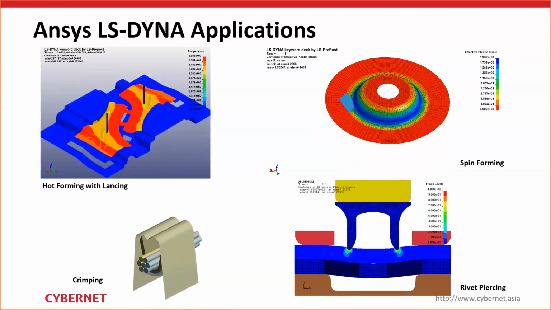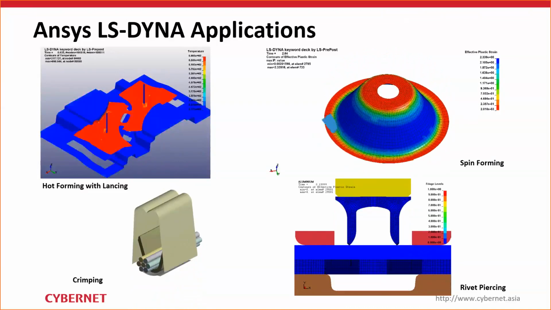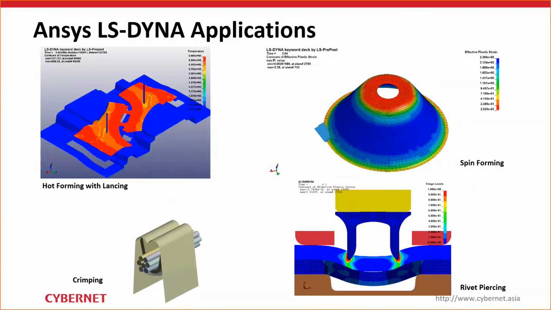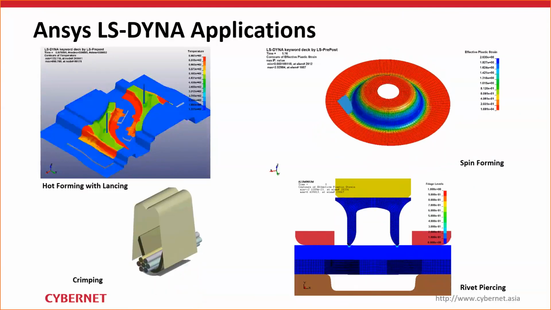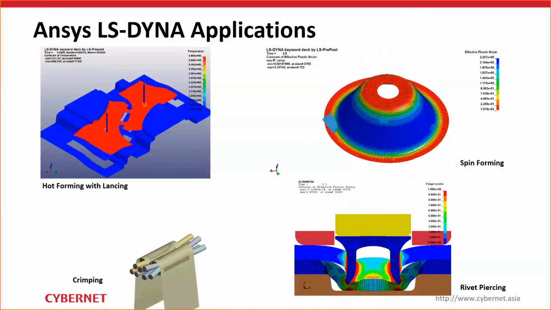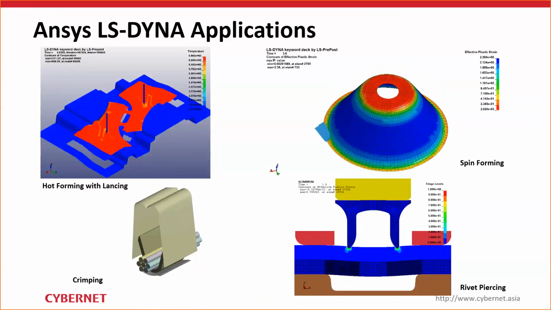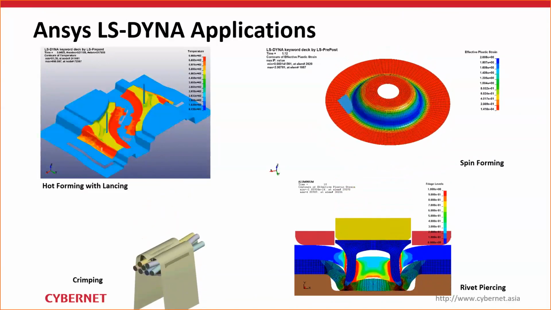And then the rest of the examples here, spin forming, crimping, and rivet piercing pretty much carry the same sort of challenge, where the material non-linearity needs to be observed and also identified so that proper planning can be done before the actual physical process is conducted.